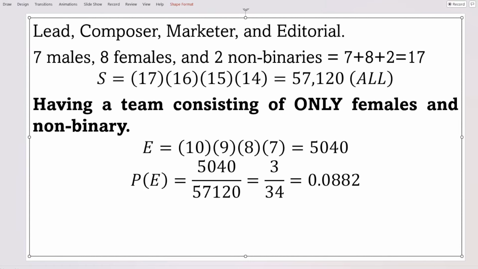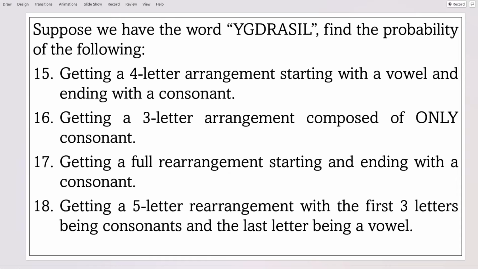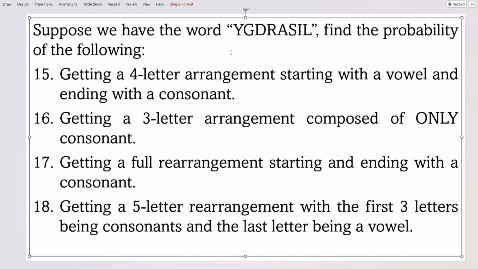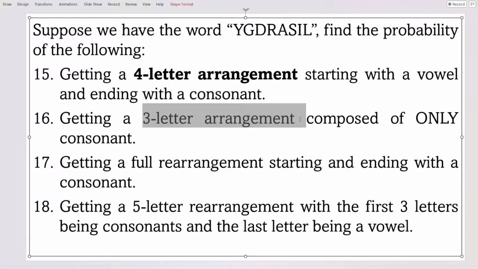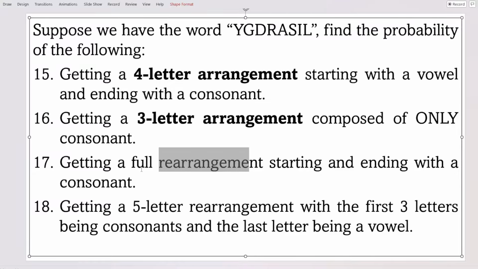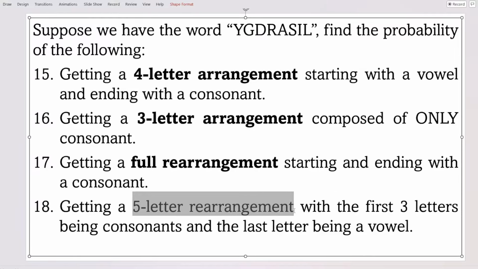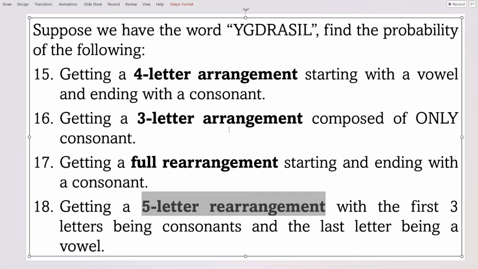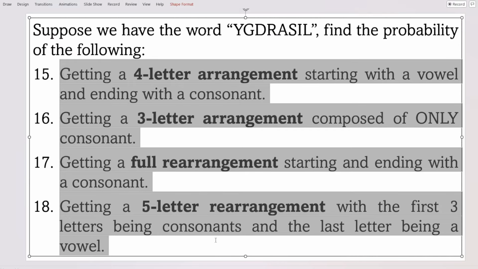So we move on to the next slide, the final slide actually. The final slide here is that we have the word Yggdrasil. As you notice, each of the problems are looking at a different number of letters. So we can't just solve for the rearrangement of Yggdrasil because the items are of different length.